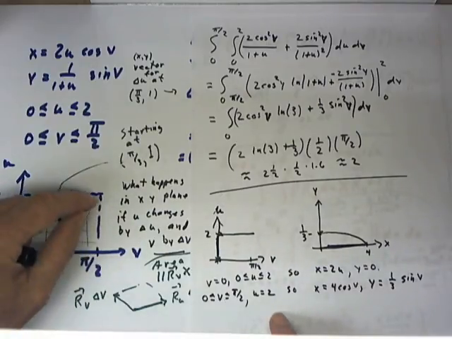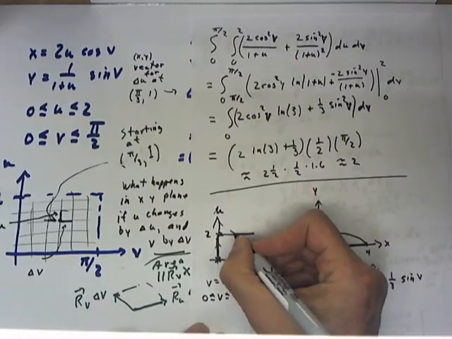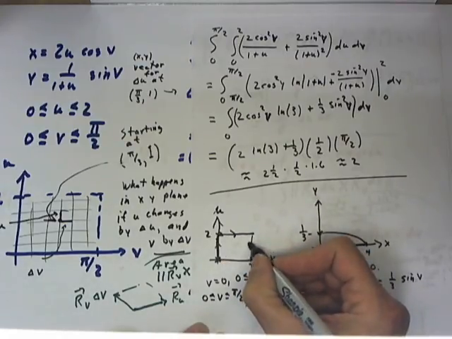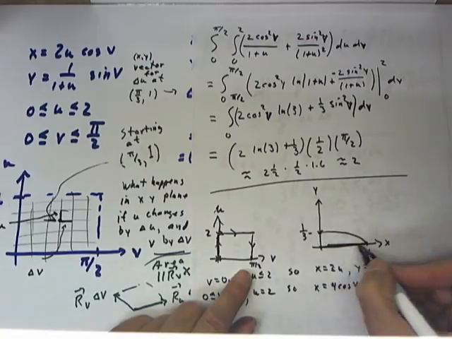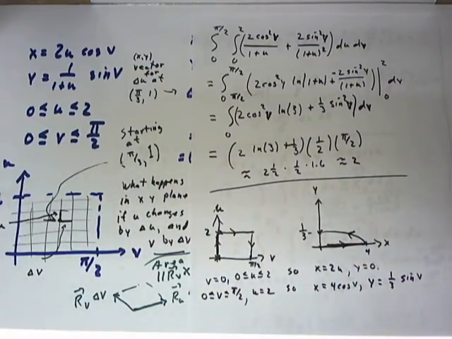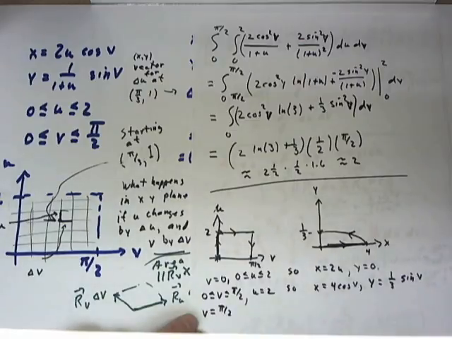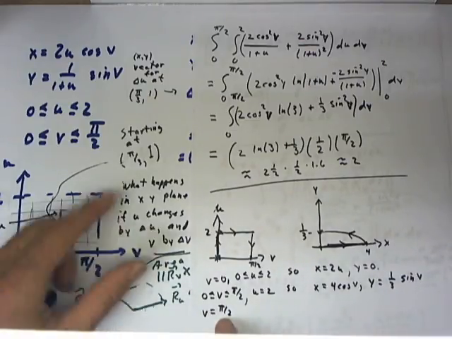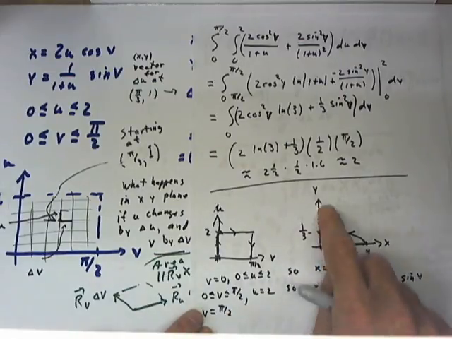It looks like things get weird as we travel along this part of our boundary. Now, so far we've gone from here to here, and we've come from here back to here. On this part of the boundary, v equals pi over 2, which is going to have the effect of making x 0. So we're going to be on the y-axis.